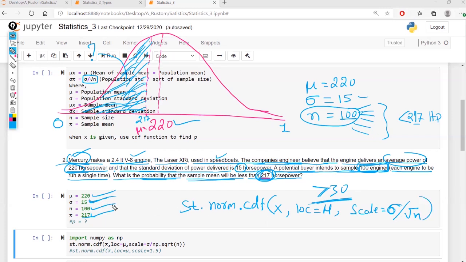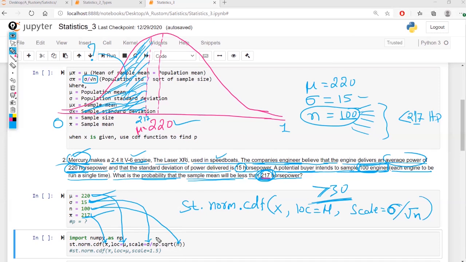So I can just plug in all this data. We have sigma also, right? Everything is plugged in here: x, mu, standard deviation of the population, and sample size here, right? I'm just using np dot sqrt, so this will take care of that. All right.